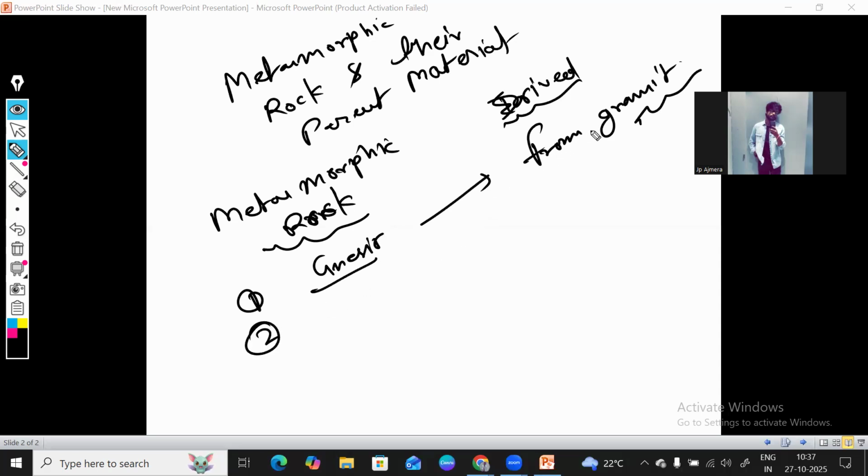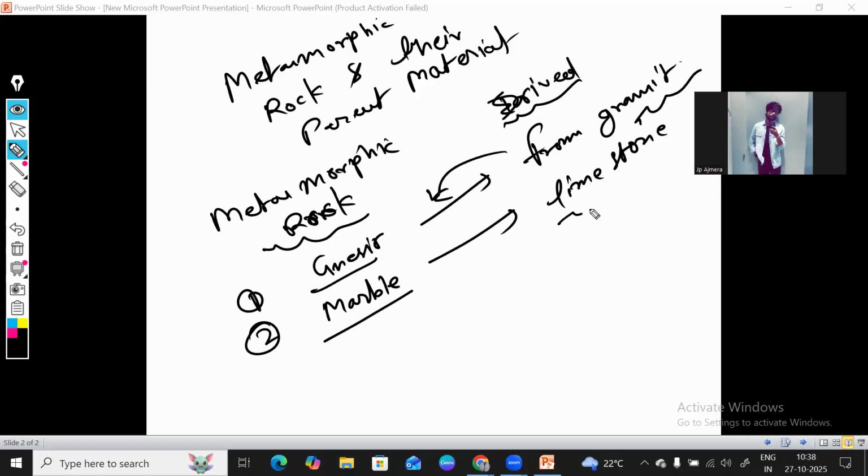There would be a sudden change in the granite and it is converted to gneiss. Another metamorphic rock is marble. Marble originates from limestone. Limestone is a precursor, you can simply say. From limestone, the new rock, marble, is formed.